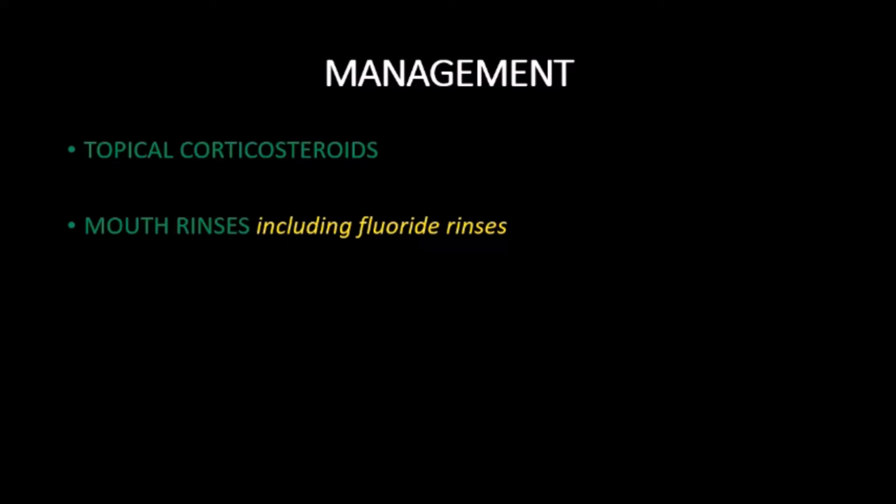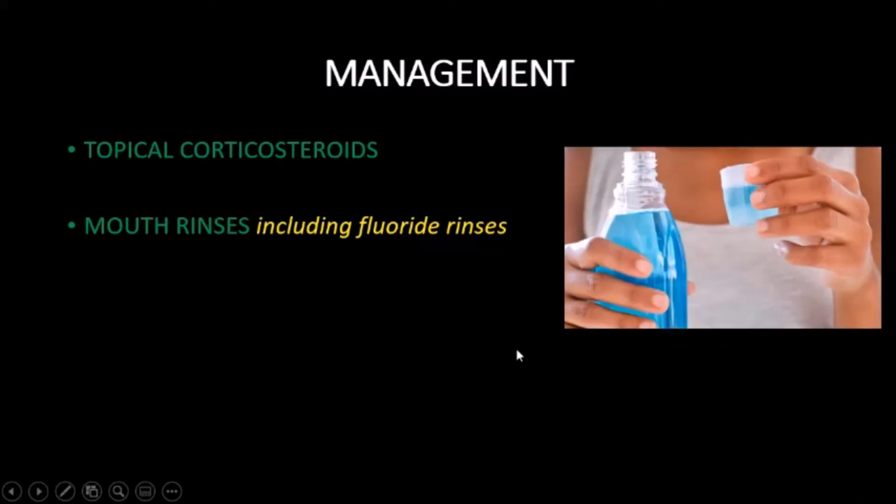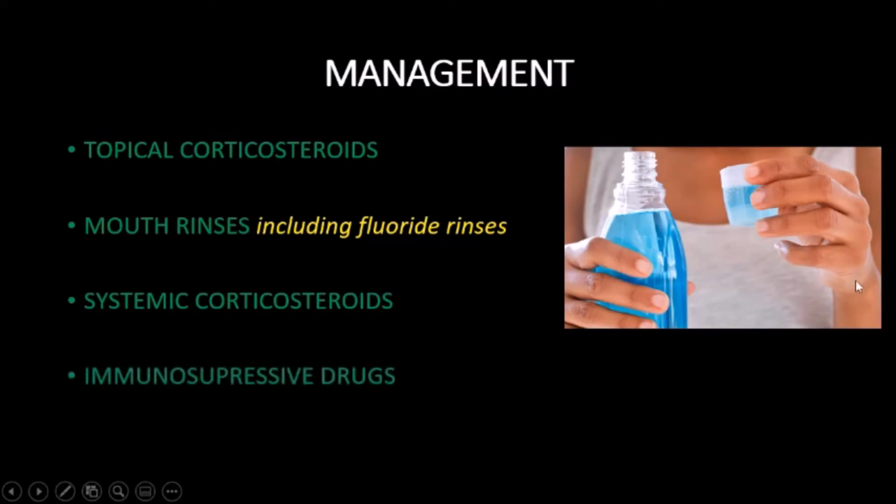Sjogren's most important manifestation is dryness of the mouth and other bodily fluids. Because of that dryness, we need these fluoride rinses to prevent it. Other than these, we can use systemic corticosteroids, and immunosuppressive drugs are also a part of management of lupus.